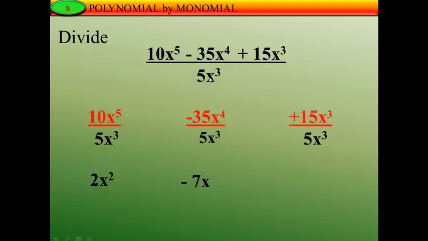Then 15x cubed divided by 5x cubed: positive 15 divided by 5 is 3, but x cubed over x cubed is equal to 1, so we have 3 times 1, or just 3. The answer is 2x squared minus 7x plus 3.